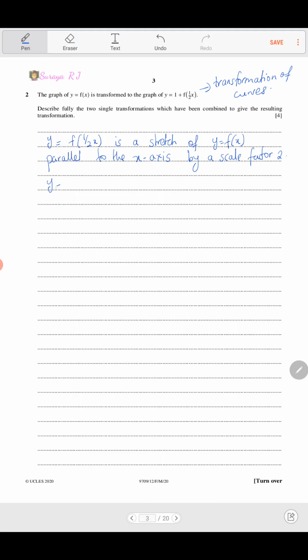Now for y is equal to 1 plus f of half x, this one is a translation of y is equal to f of half x by 1 unit along the y-axis in the positive direction.